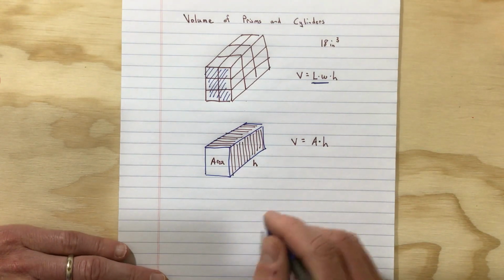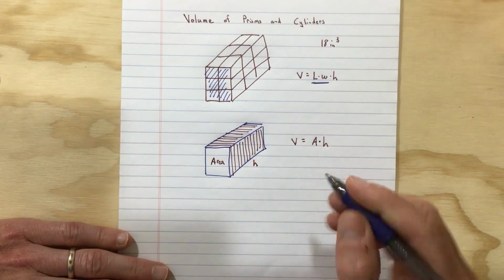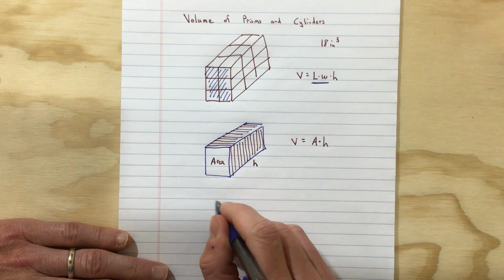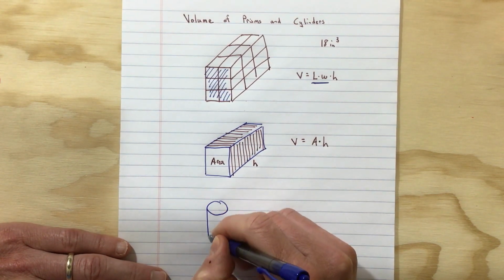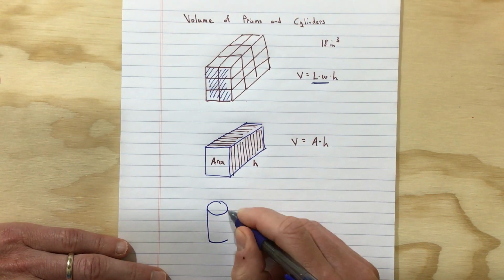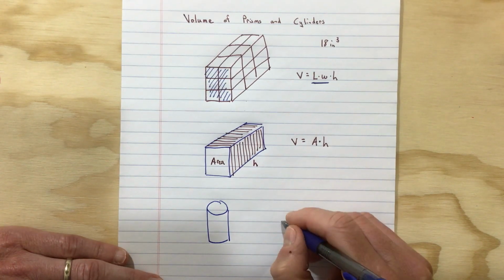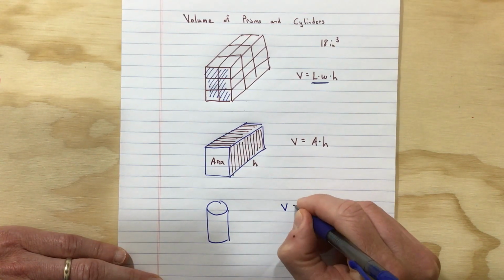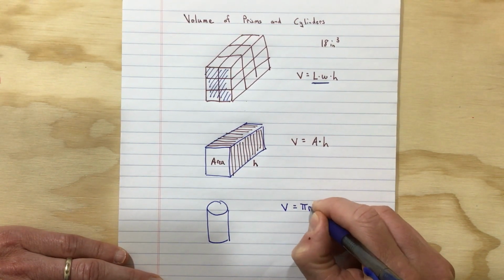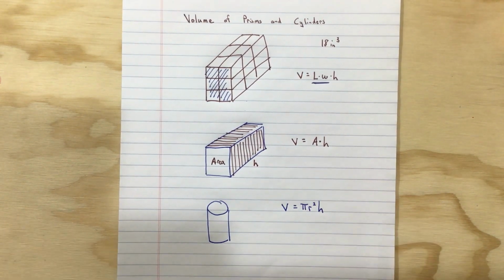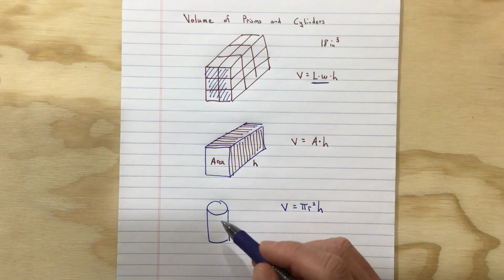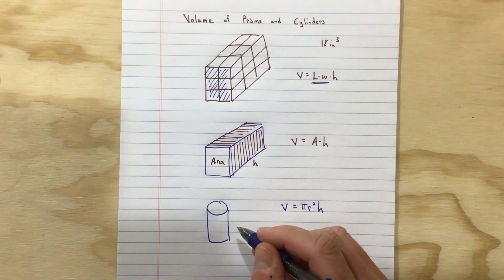Now, think about a cylinder, okay? So here's your cylinder. And if you looked it up in a book, the volume of a cylinder is going to be pi r squared h. Okay, that's going to be the volume. But what I really want to emphasize is that a cylinder is really stacking a whole bunch of circles.